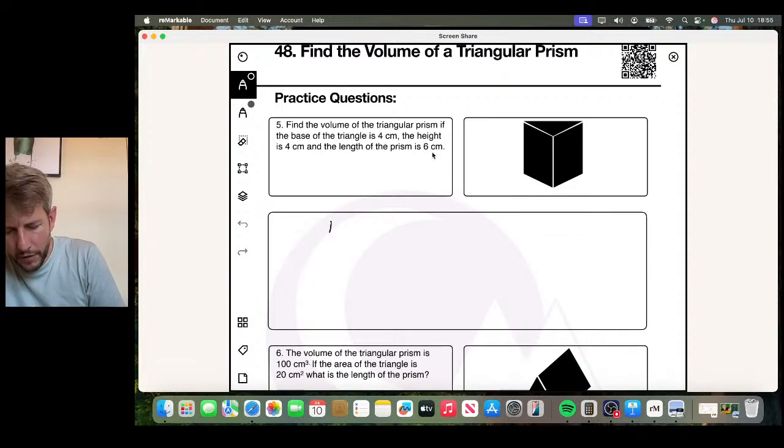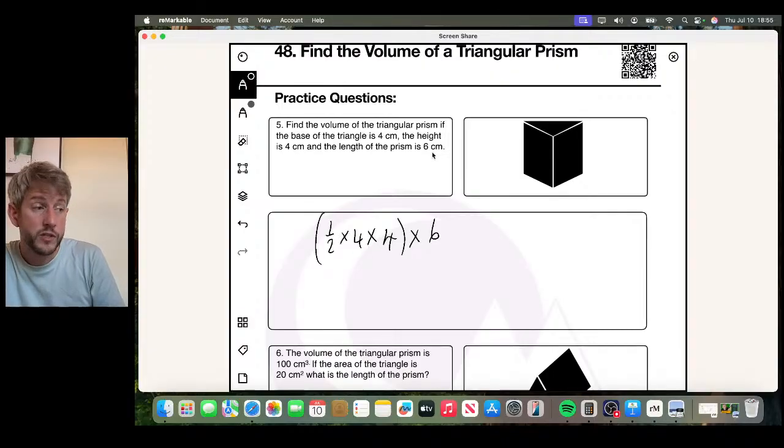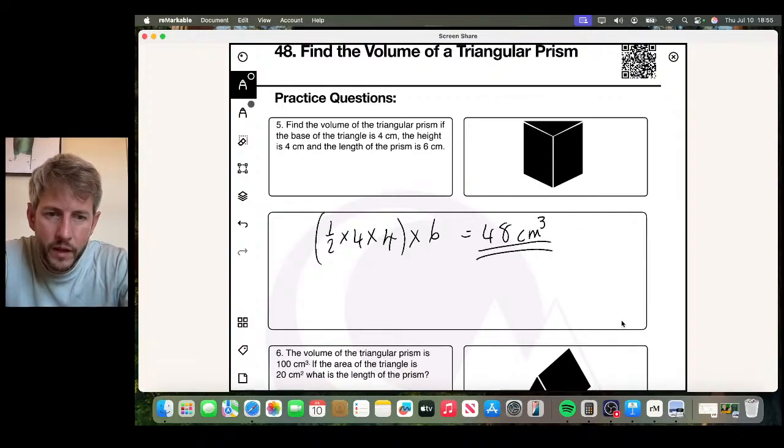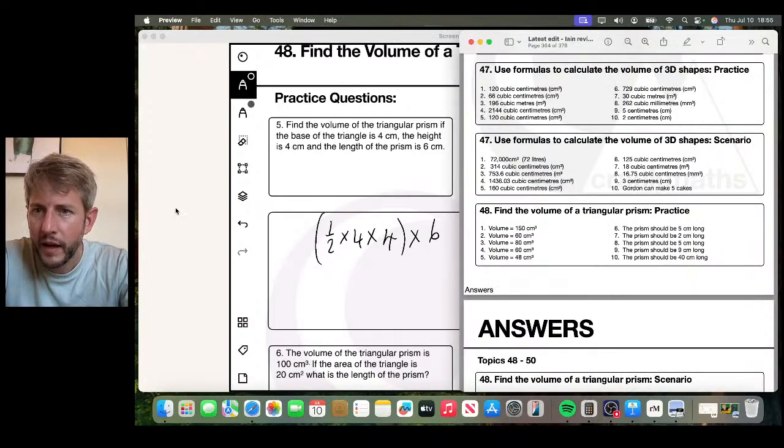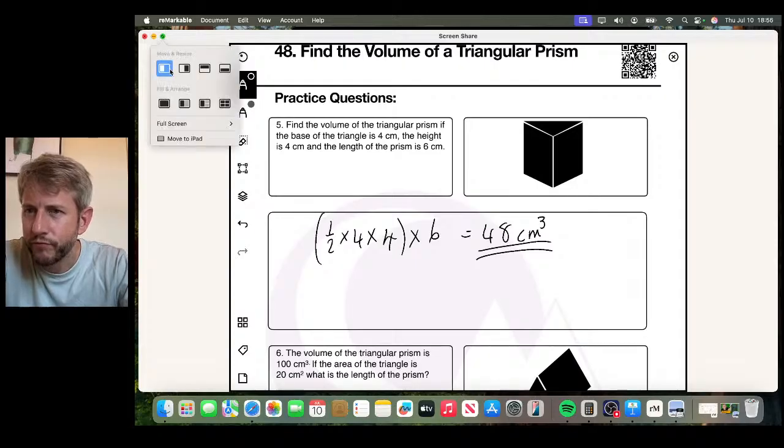We've got half times the base, which is 4, times the height, which is 4, and then times the length of the prism, which is 6. A half of 4 is 2, 2 times 4 is 8, 8 times 6 equals 48 centimetres cubed. Okay, that was a nice quick one. Let's go to the mark scheme and see if these questions were right.